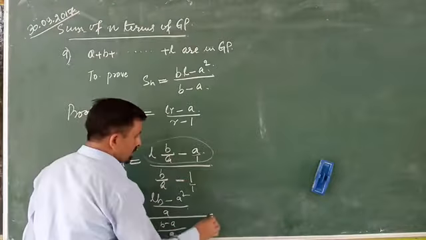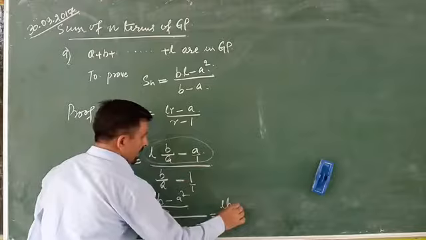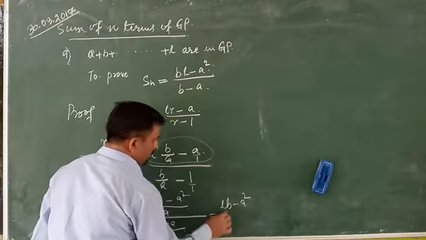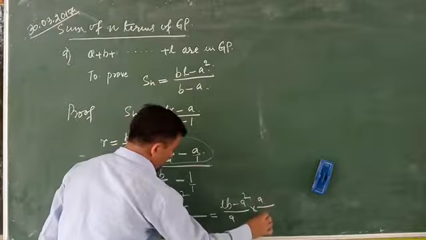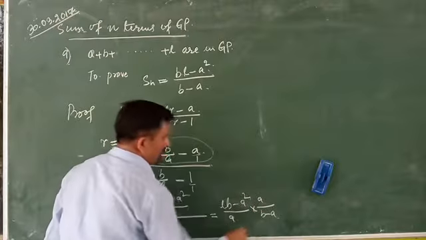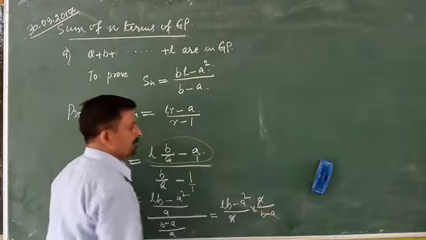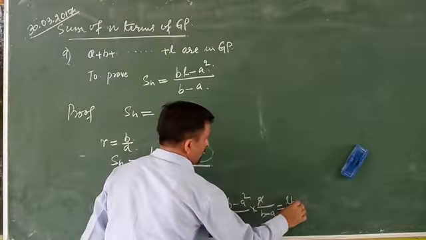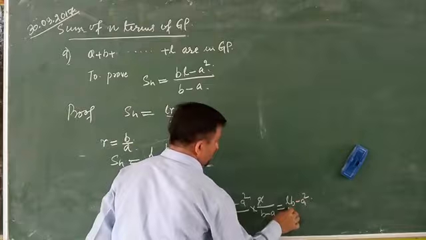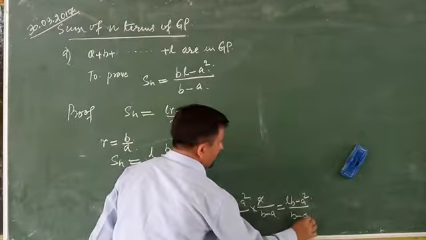Then it becomes (LB minus A square) divided by A, into A over (B minus A). Now this and this get cancelled, and finally you have your answer: (LB minus A square) divided by (B minus A).